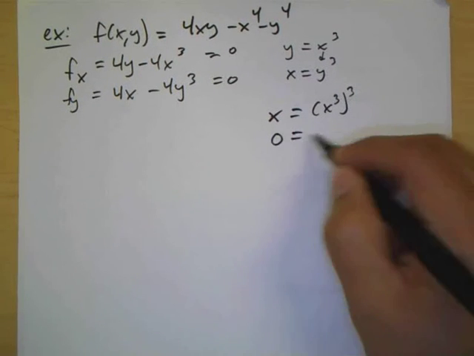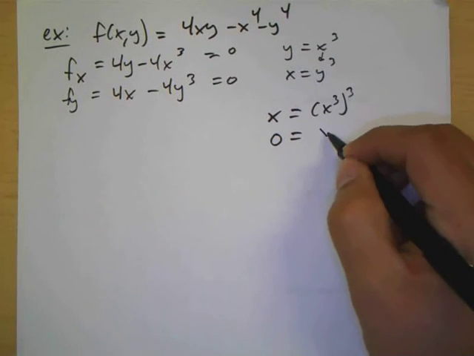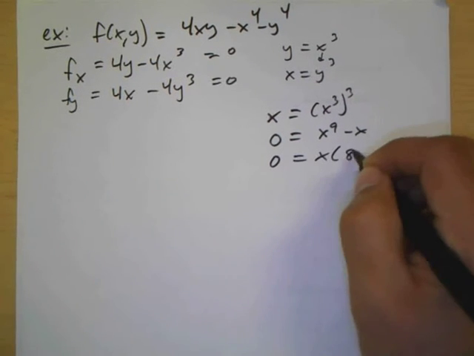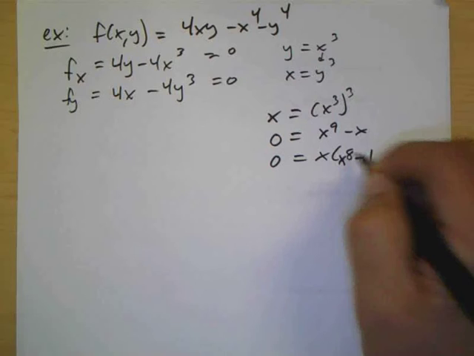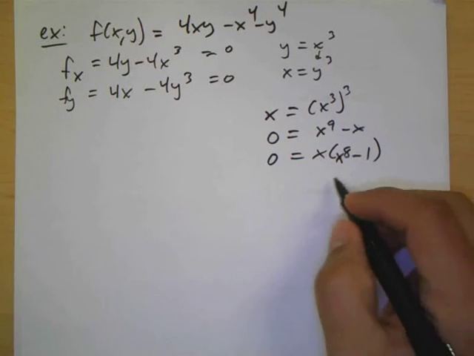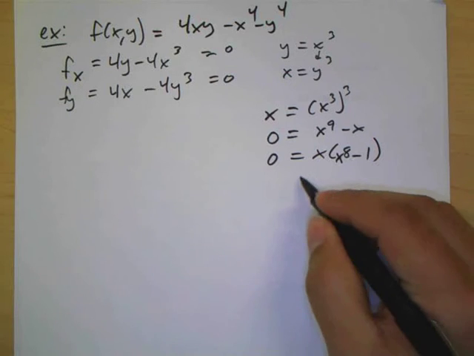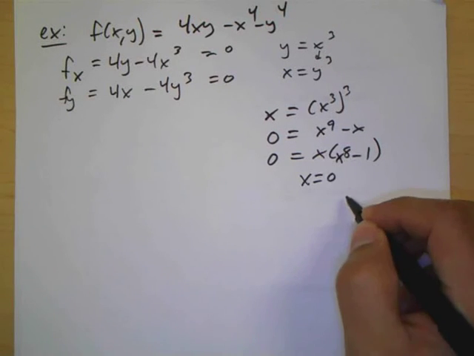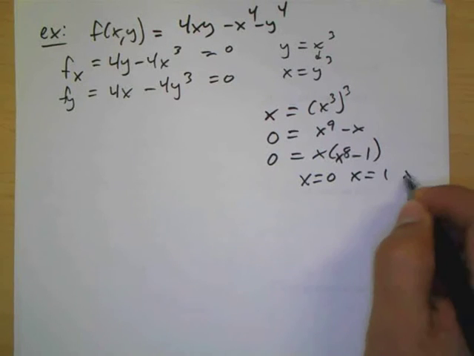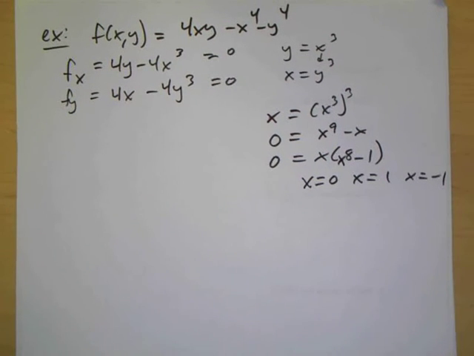Yeah, so then we get x to the 9 minus x, factor out an x, you get x times x to the 8 minus 1. And then here you get 3 critical x values: x equals 0, x equals plus and minus 1, right? So those are the 3 critical points you're going to get.